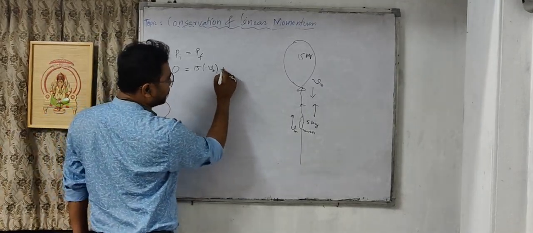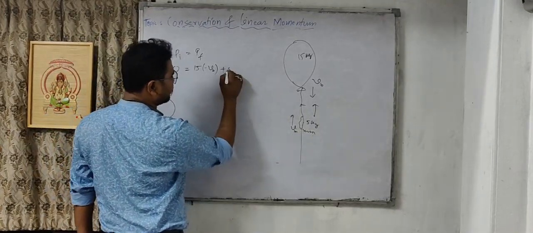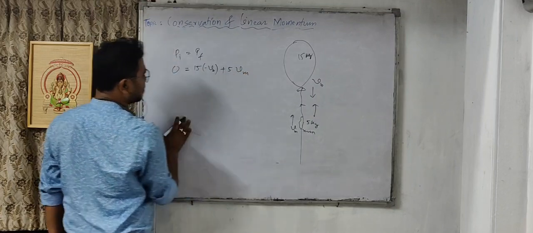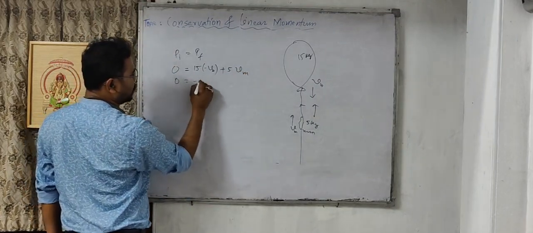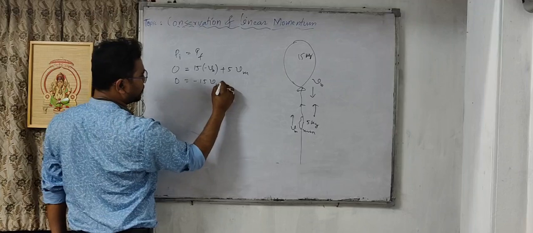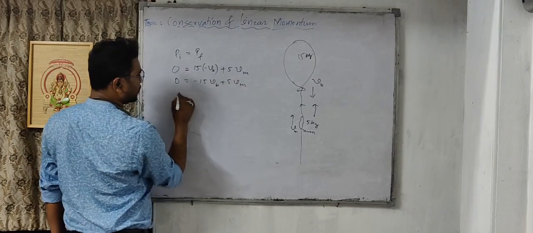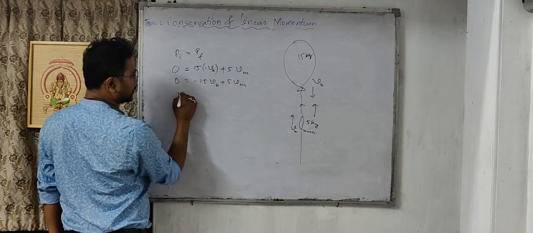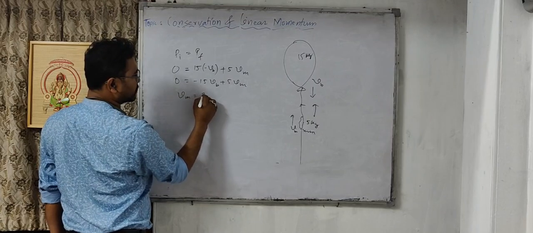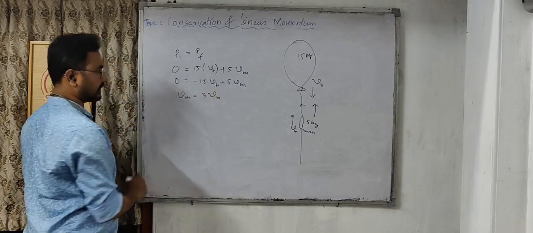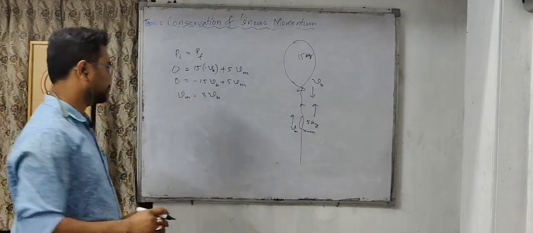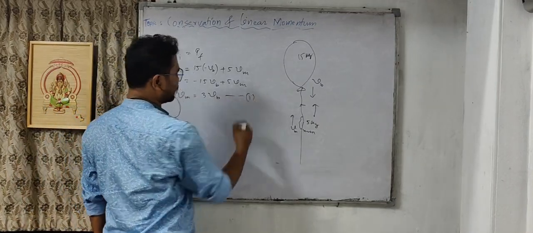And plus, the man is going up, so it will be 5 Vm. So 0 equals minus 15 Vb plus 5 Vm. So you can easily see that Vm equals 3Vb, correct? Got it? Fine. So this is one relation that we have got.